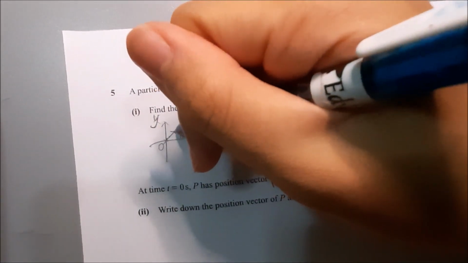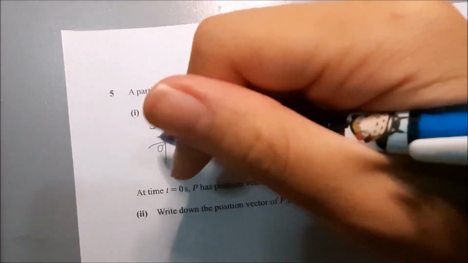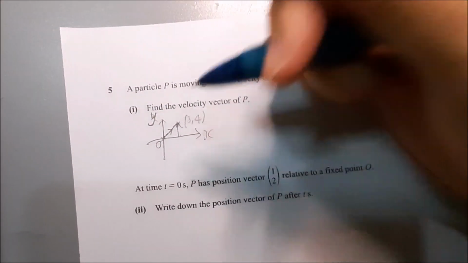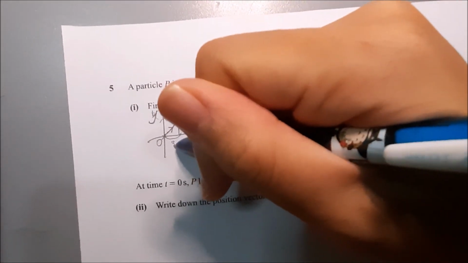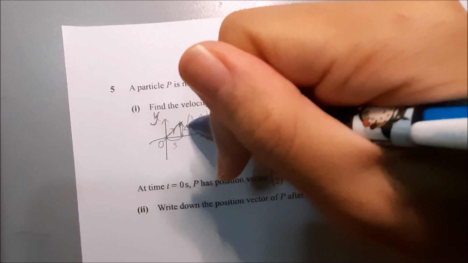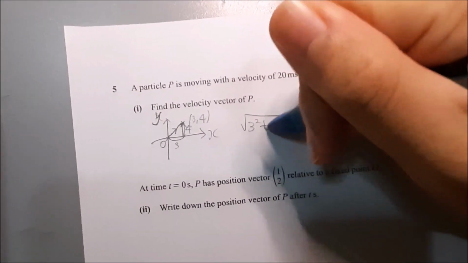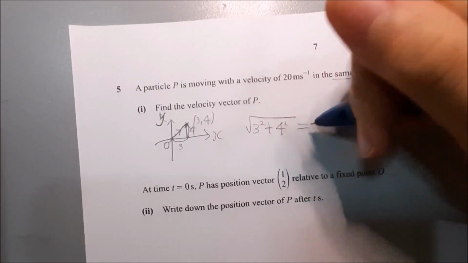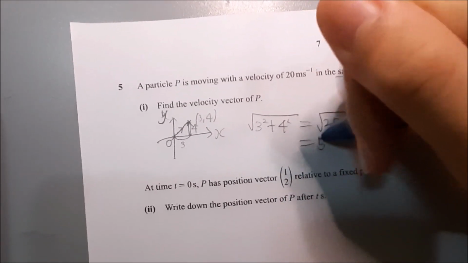So it basically means it is moving in that direction. So to get the distance from here to here, you have to use the Pythagoras theorem because the distance of here to here is 3 and the height of the triangle is 4. So you have to use the Pythagoras theorem, which is 3 squared plus 4 squared, which is square root 25, which is 5.